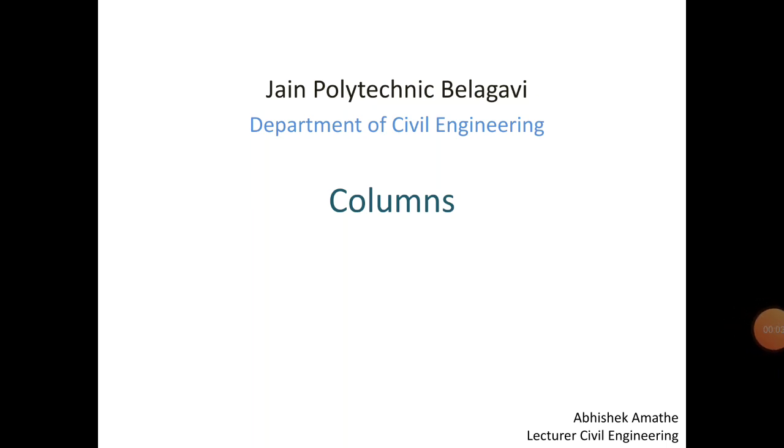Hello everyone. Today we are going to study the last unit of the strength of materials, that is columns. Here we'll be studying the different types of columns, what this column means. We'll first understand what a column is, what type of member it is.